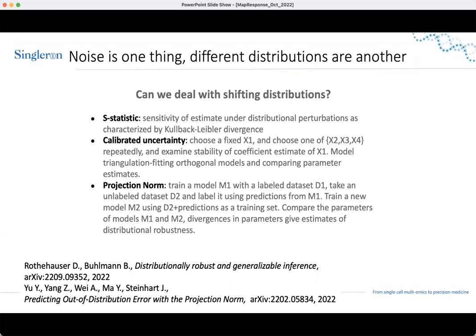We predict the values of that incoming data, and then we retrain the algorithm with that now training data set and measure how different the coefficients of our model are based on the data that came in. So we can have some idea of how distributionally robust the algorithm is.